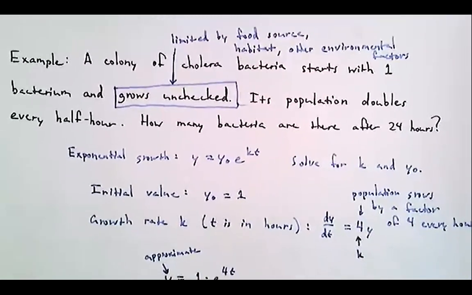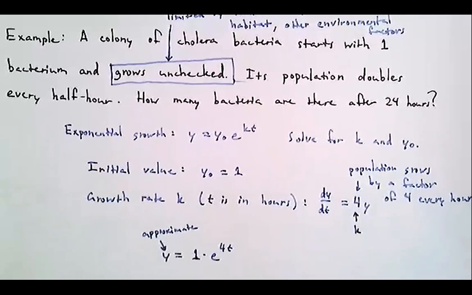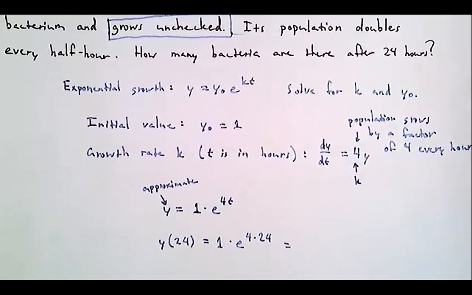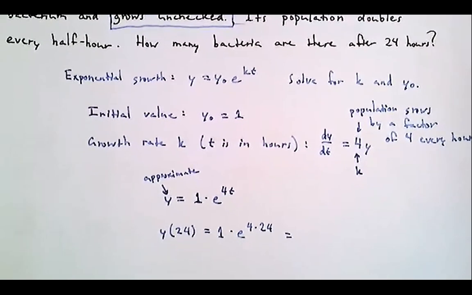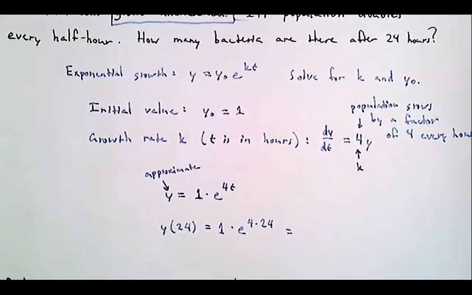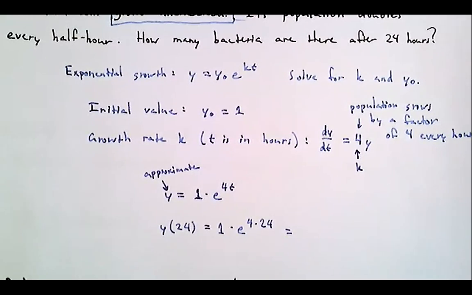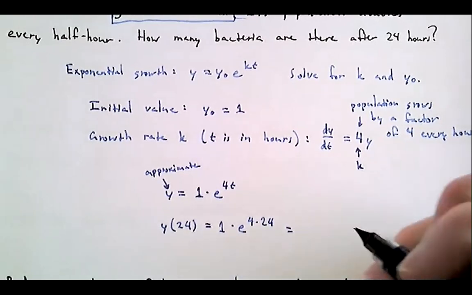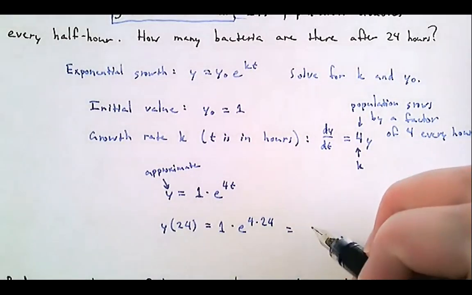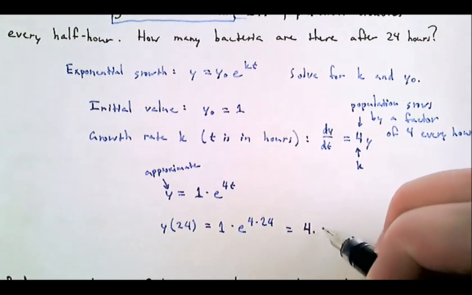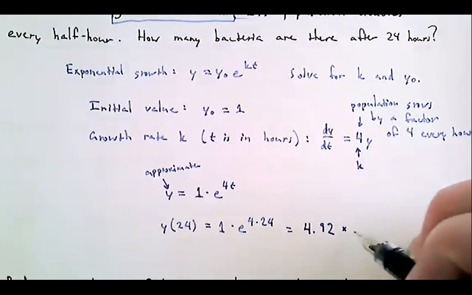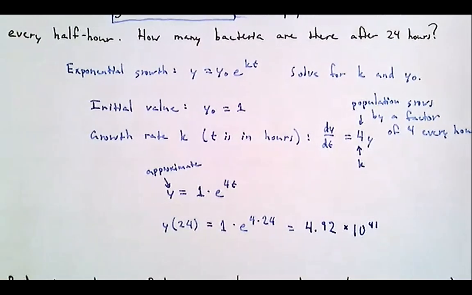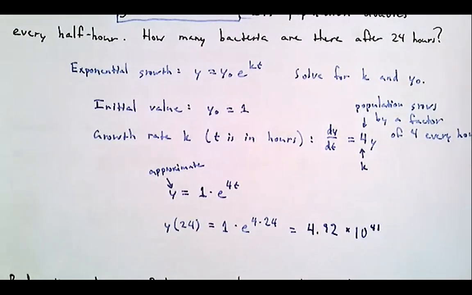But the math, we don't really have to worry about that too much, since we're just dealing with formulas. Oh, and this answer, which I never actually wrote down because we went to a calculator, was approximately 4.92 times 10 to the 41 power, which is a huge number of bacteria.